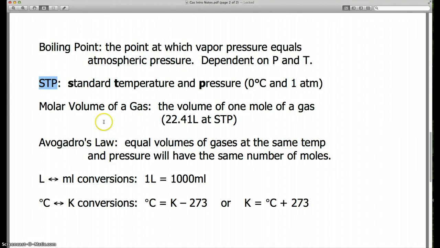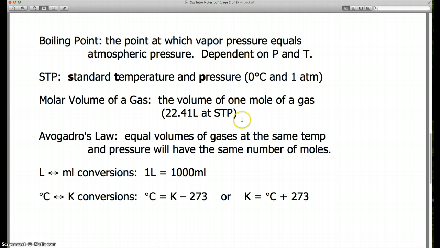Molar volume of gas: if we have 1 mole of gas at STP, it will take up 22.41 liters of space. You may remember that number from doing stoichiometry back first semester. Avogadro's law: you may remember Avogadro's name from Avogadro's number.